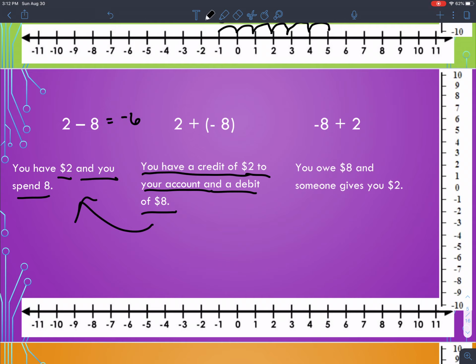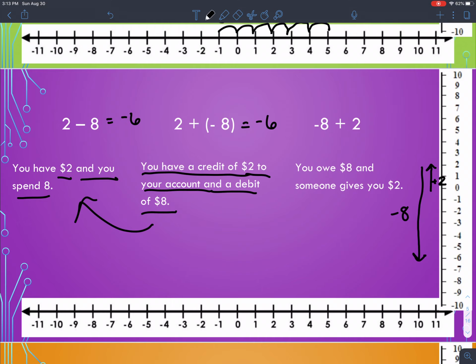I think this time we're going to show up 2, down 8. I'm not counting those out for you this time because you should be getting used to that and doing that on your own as we go along. Okay, so we go up 2, down 8, ends us at negative 6 again. So we still have negative $6.